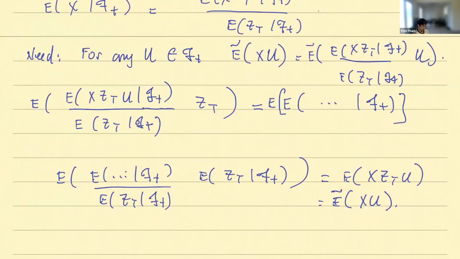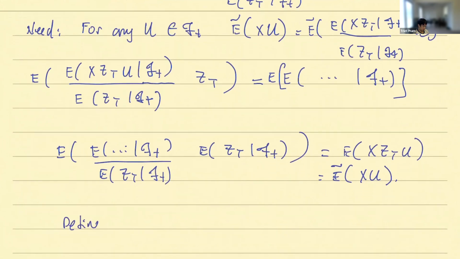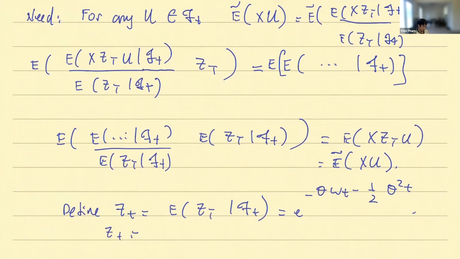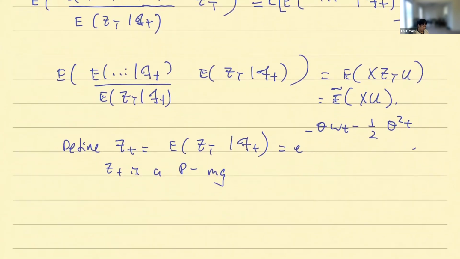Pedantically, now you define Z little t as the expectation of Z big T conditioned on Ft, which for all we know is just this. Sorry, theta. All right. And so now we can conclude that Zt is a P martingale. So now we can get back to our problem.